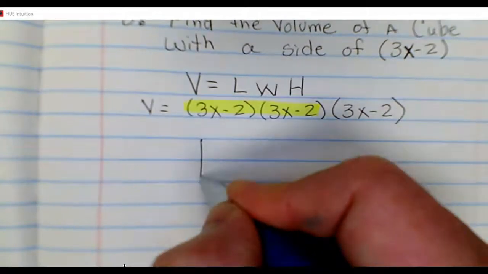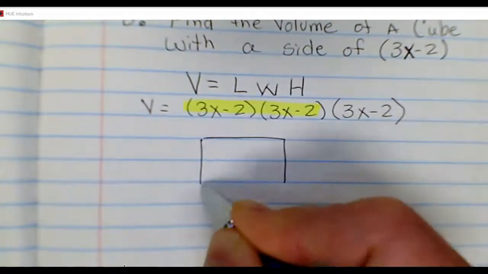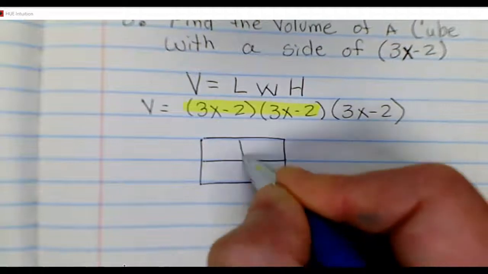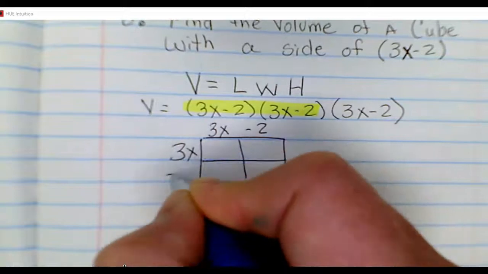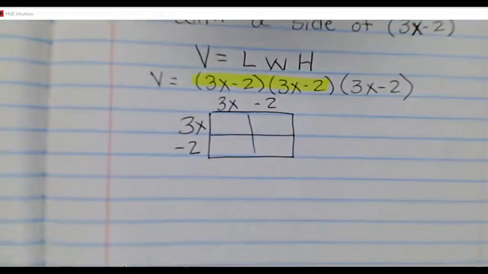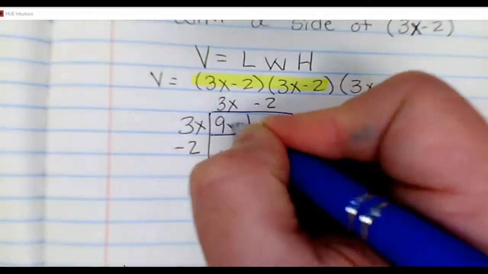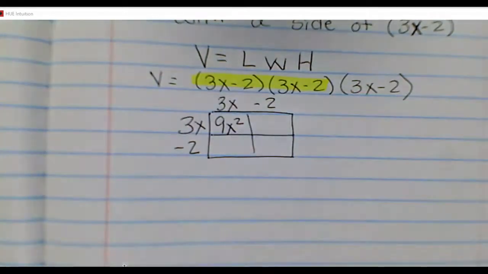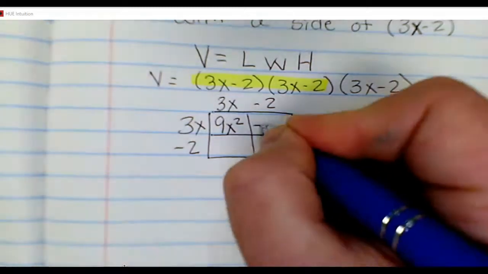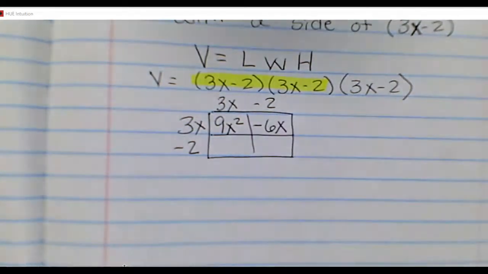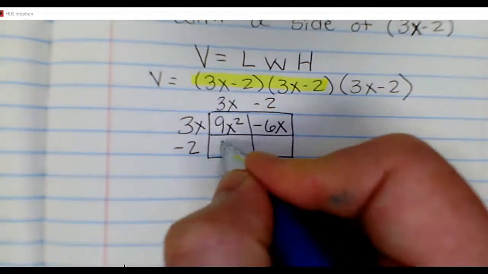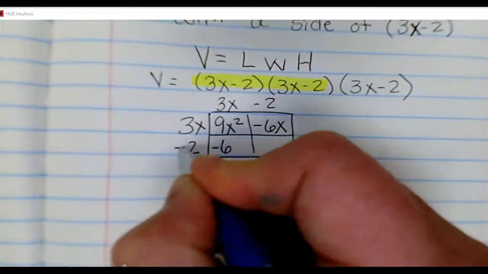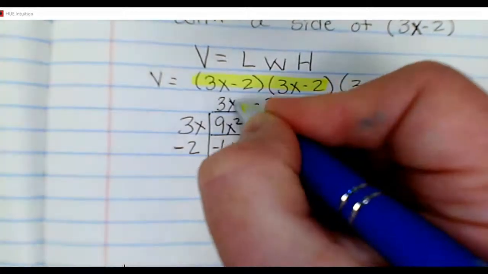This is a binomial times a binomial, so I need a 2 by 2 box. Three times 3 is 9x squared. 3 times 2 is 6. That'll be a negative, and it'll have an x from that term right there. 3 times 2 is 6, and it'll have a negative, and it'll have an x.